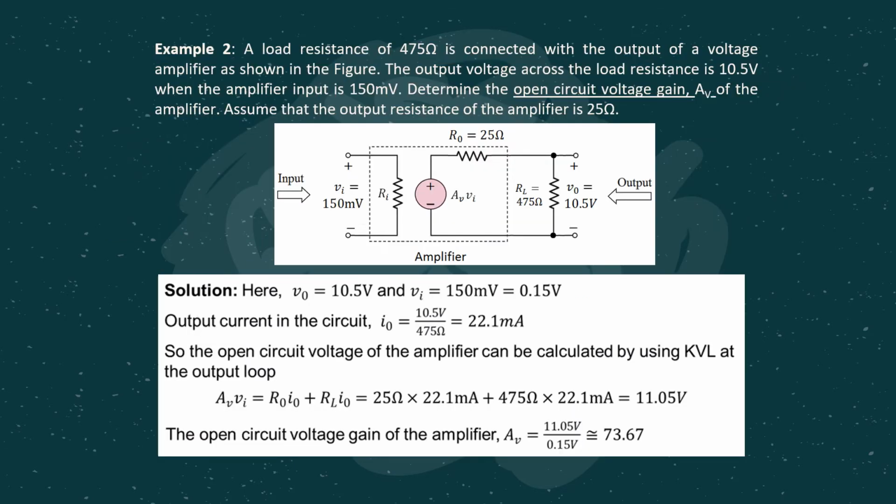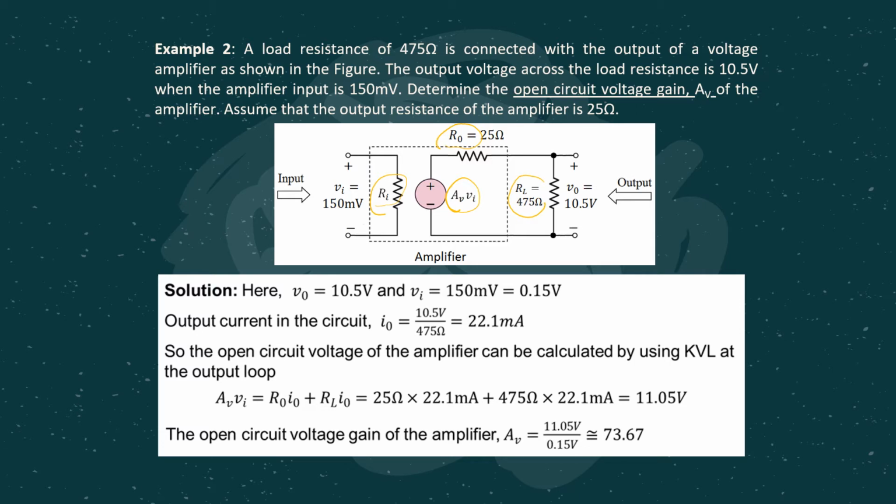Here is another example related to voltage amplifier. As you can see here, this is the voltage amplifier equivalent circuit where it has Ri, it has AVVI, and in series to it, it has R naught. For this particular example, it is now connected to one load resistor RL equals 475 ohm.